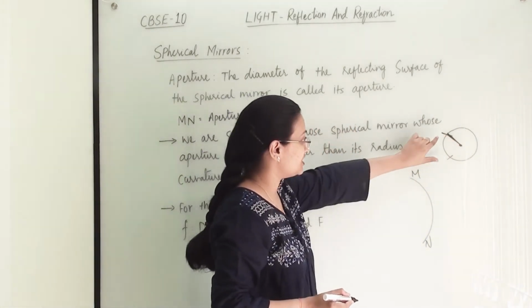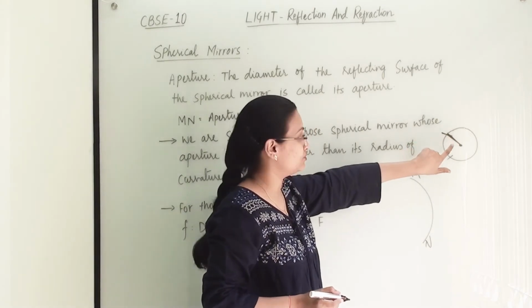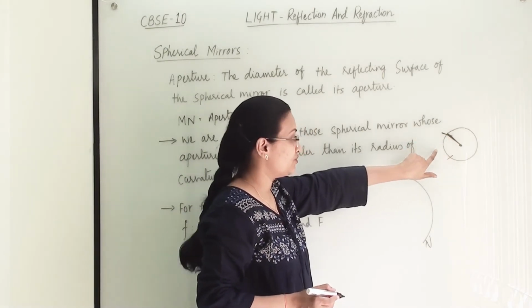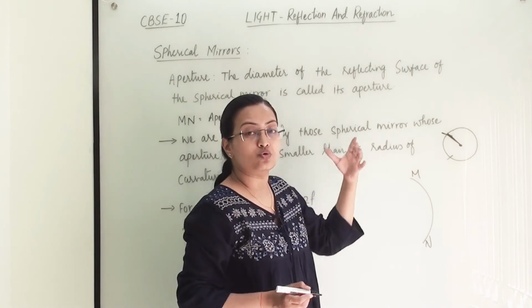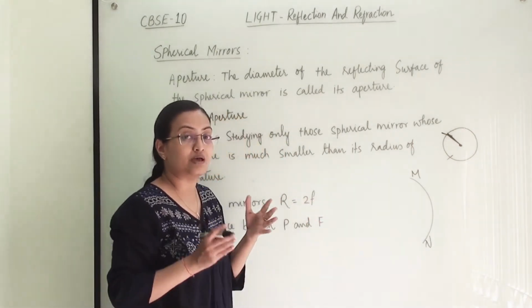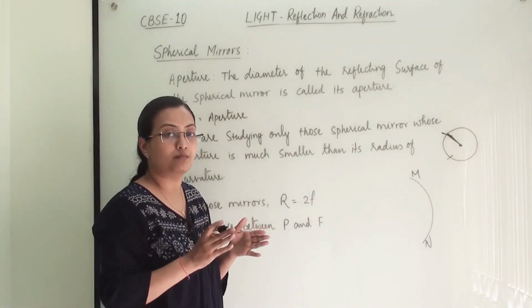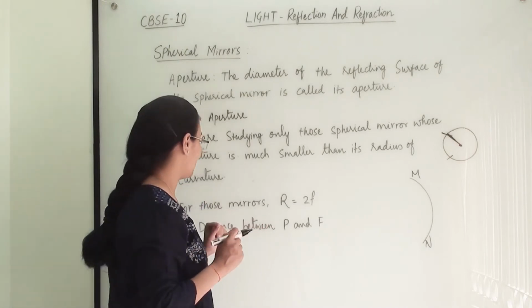This aperture is very small compared to the radius of curvature, so we are talking only about those spherical mirrors.